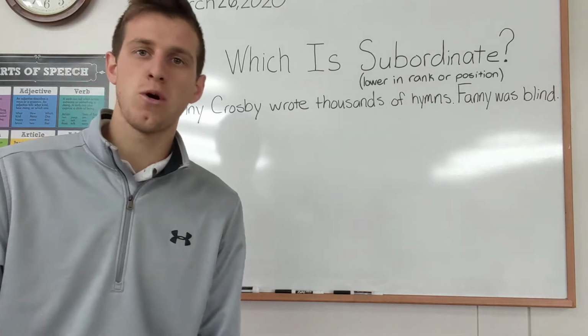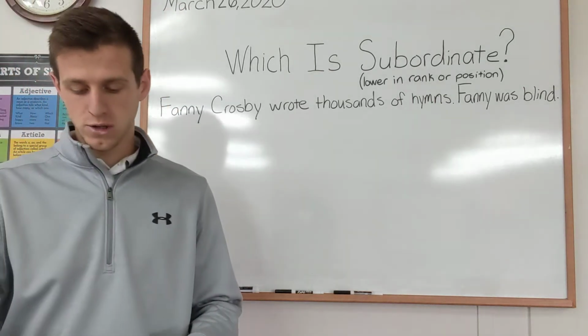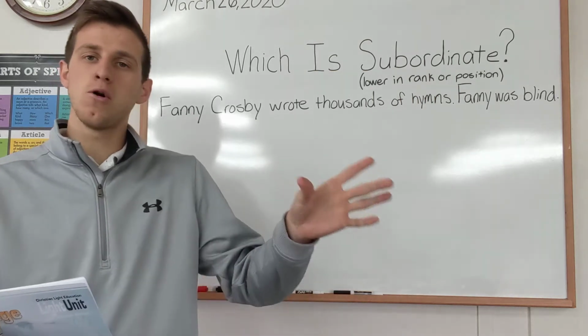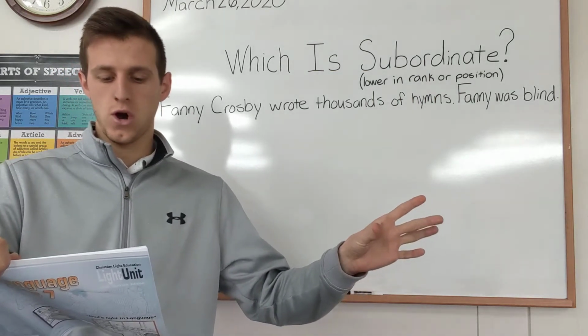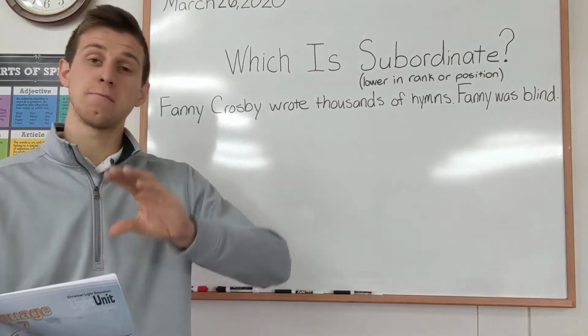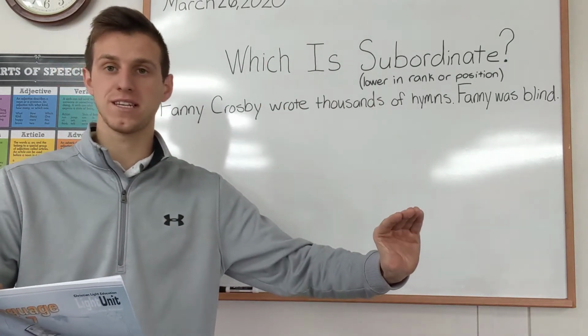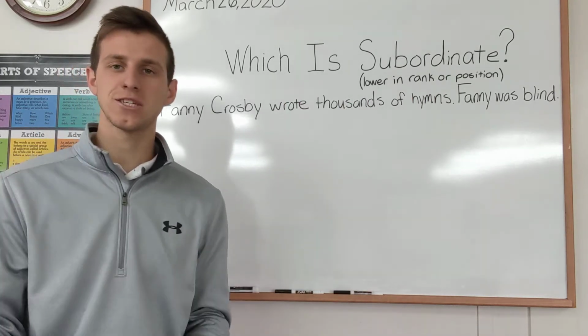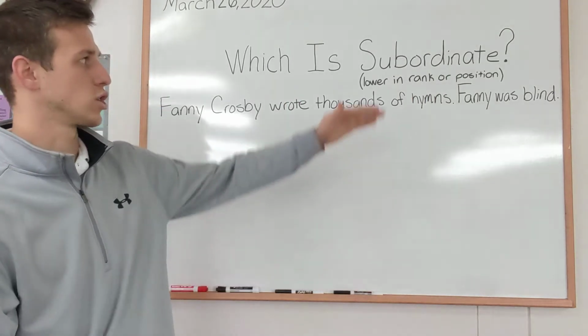Remember, our independent clause stands on its own and has the most important information. Our dependent clause, which depends on the other part of the sentence, also called the subordinate clause, has the lesser important information. It's lower in rank.